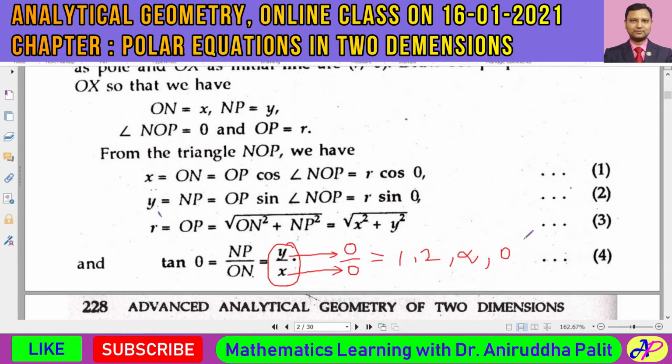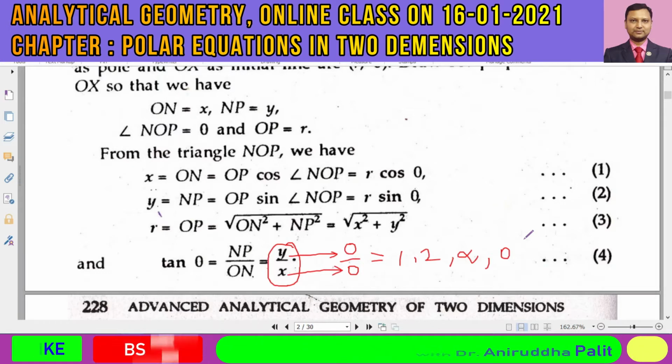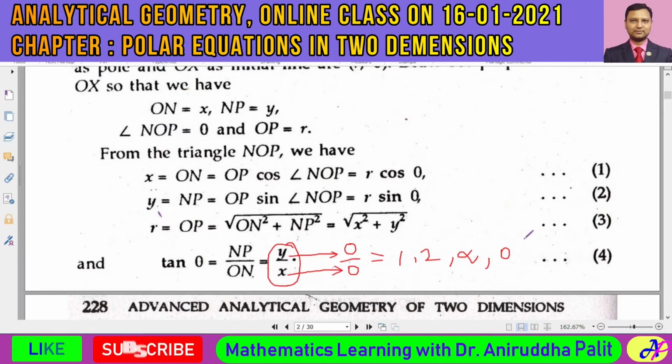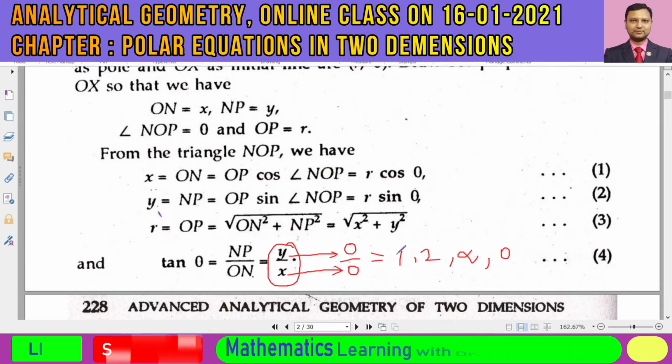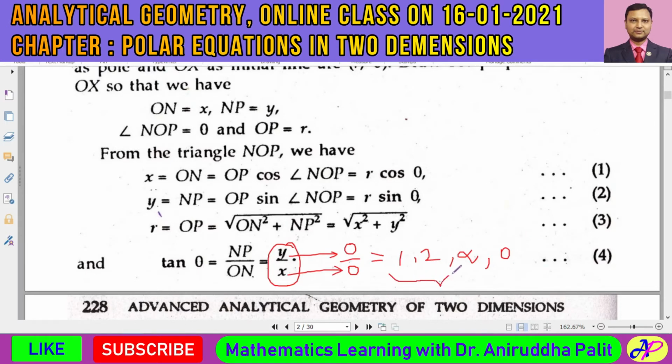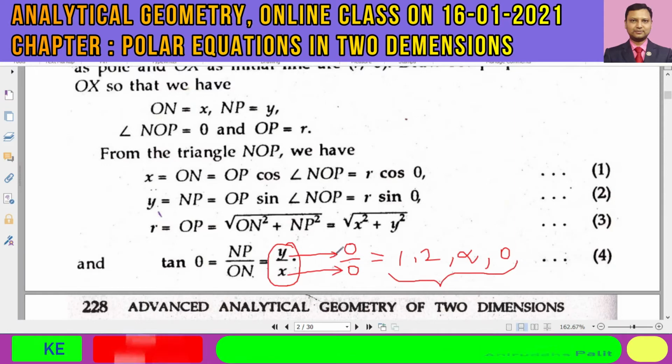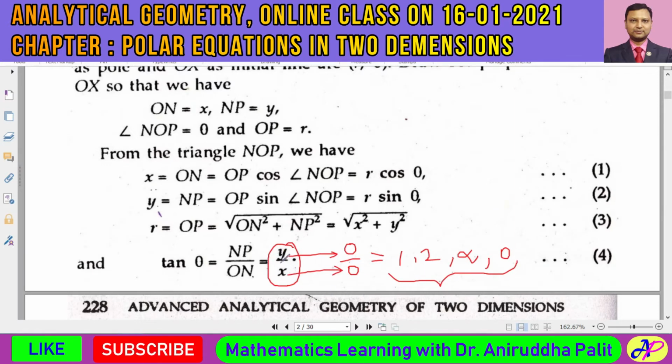And that is related with the idea of L'Hospital's rule or L'Hopital's rule. However, we do not have any definite answer for the value of this type of quantities whenever y and x both are tending to 0.